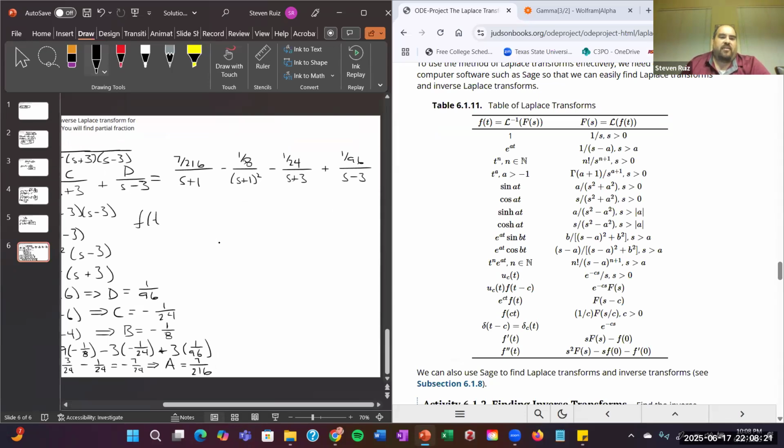F of t is going to be the inverse transform. I believe these all, or 3 of them at least, are going to come from this second row. 1 over s minus a is equal to e to the at.